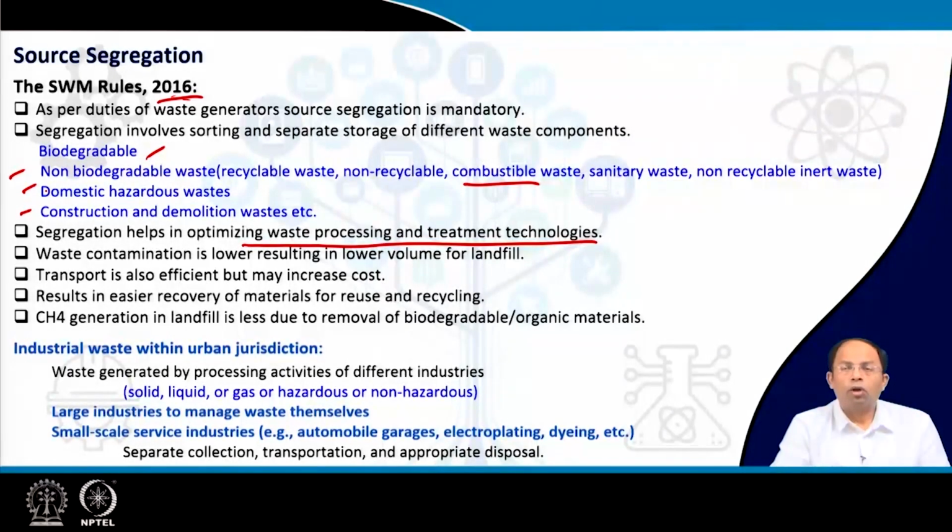Within non-biodegradable waste, we can further have recyclable waste, non-recyclable waste, combustible waste, sanitary waste, and non-recyclable inert waste, right? This may be dirt and certain things which we can neither recycle nor burn.